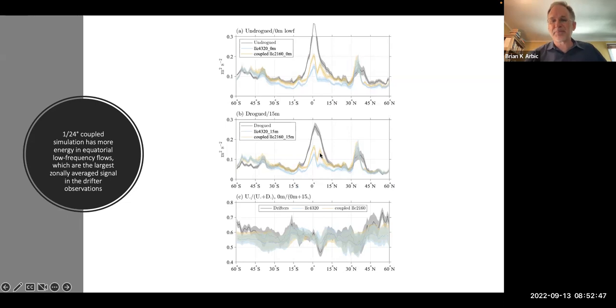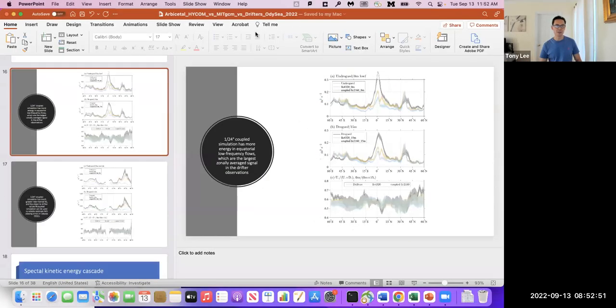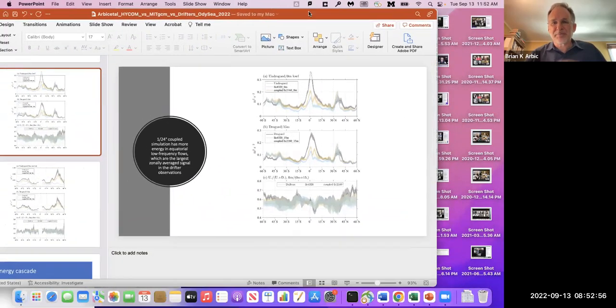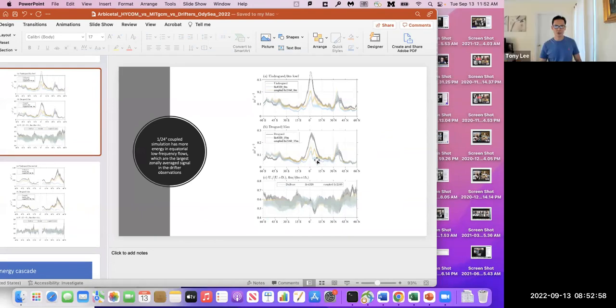Right. So in the MIT GCM, where you have 6 hourly forcing, it does not represent the precipitation effect on stratification correctly, whereas you do better in a coupled model. Maybe that's one of the reasons.